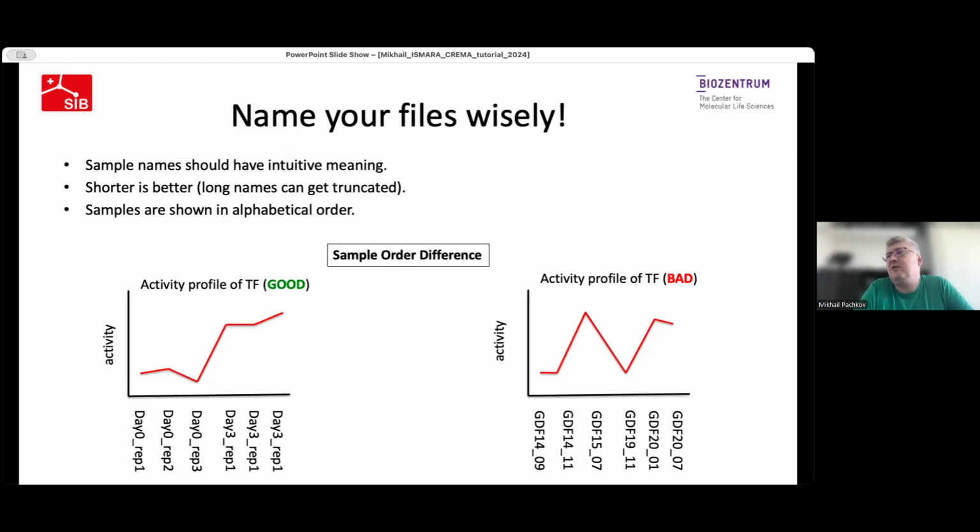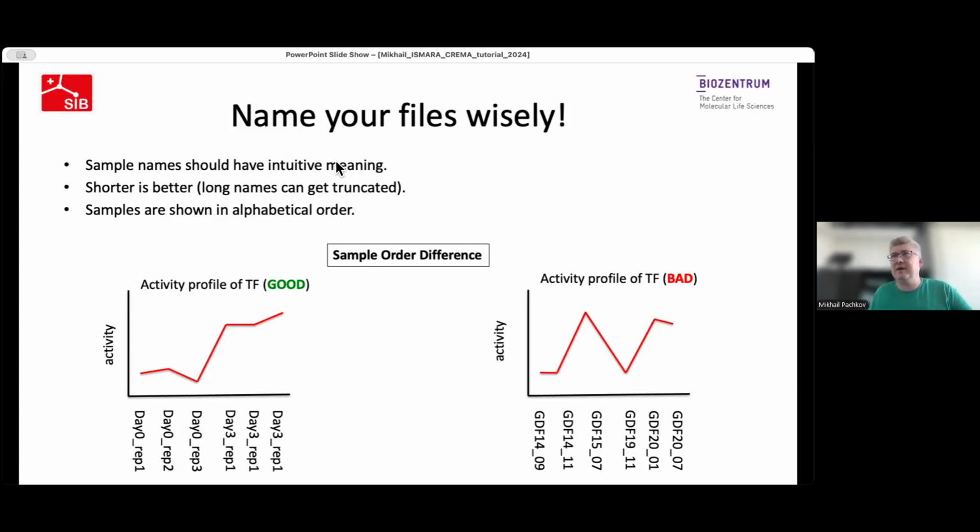So we follow rules for how to name the FASTQ files. The names should be relatively short, they should have intuitive meaning, and the desired order of the samples which you would like to see in the report should follow the alphabetical order.